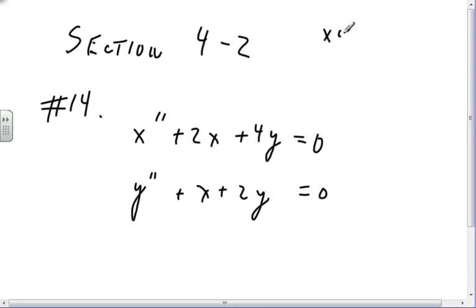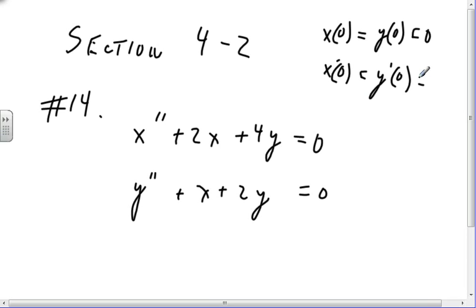And then x of 0, y of 0 is 0, and x prime at 0, y prime at 0 is -1. So anyway, you have to have initial conditions. They have to be at 0, otherwise you can't solve the problem.